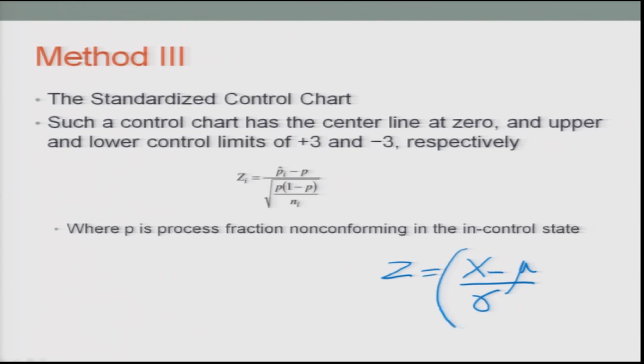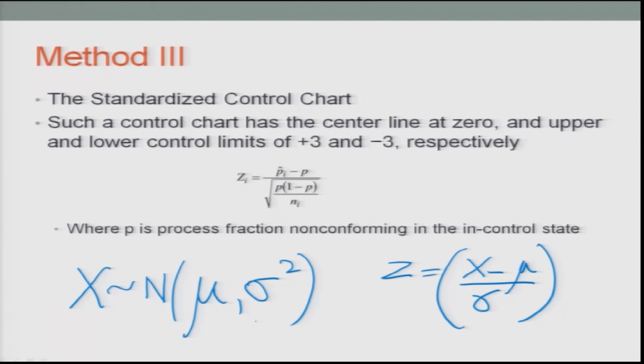this is true, where x is normally distributed with a certain mean mu and variance sigma square. When you want to convert into a standard normal, obviously you use this transformation, which I have just put in a box.